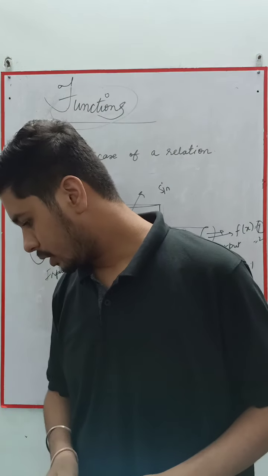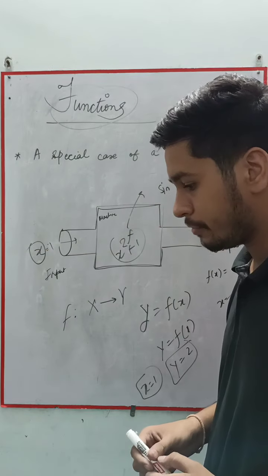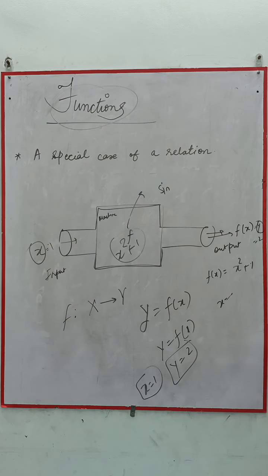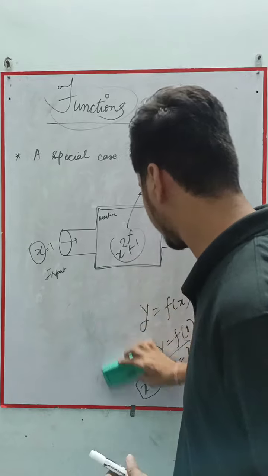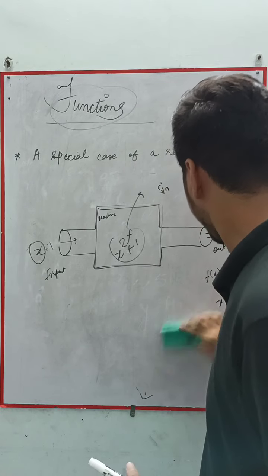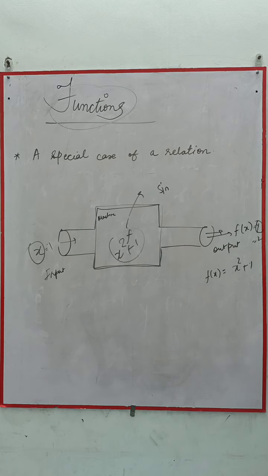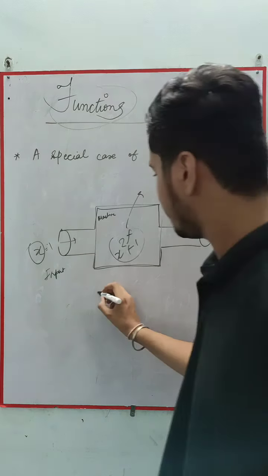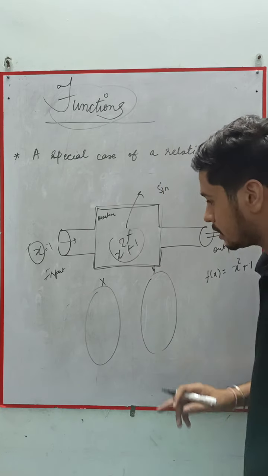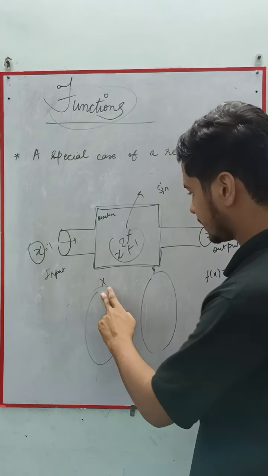Okay, now what is the image of an element? Let's see, here only we can understand. By the arrow diagram I am explaining to you. Say for example, these are two non-empty sets x and y.